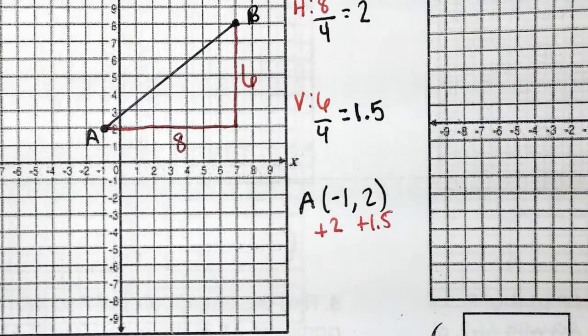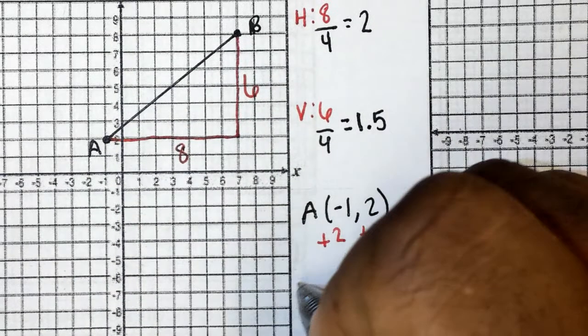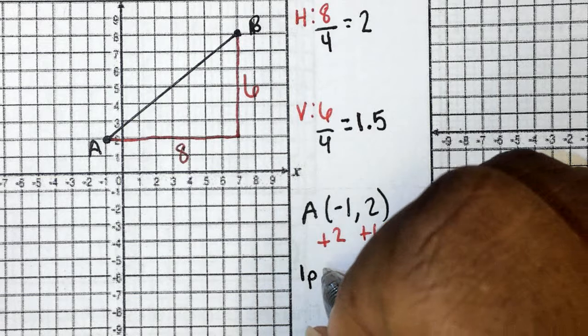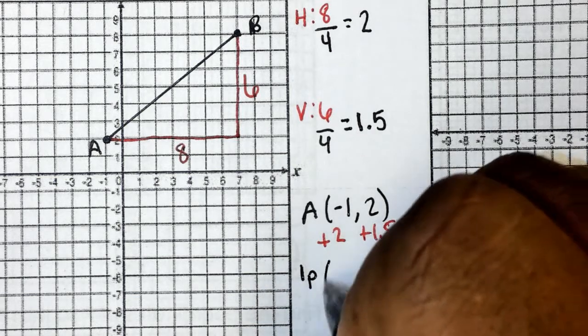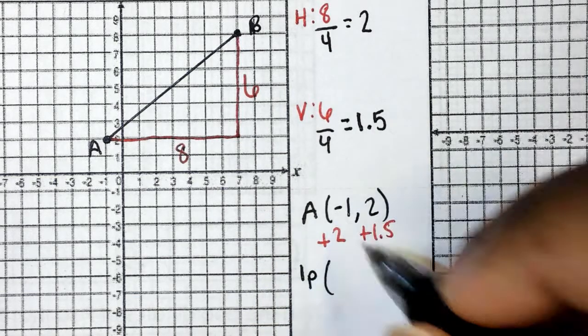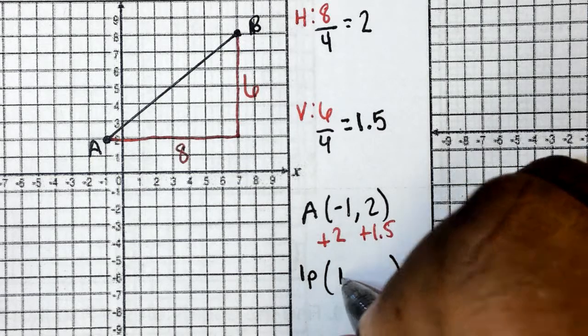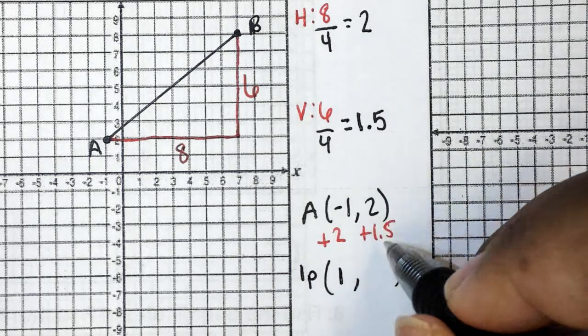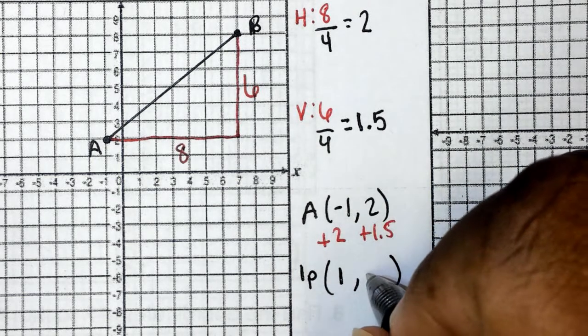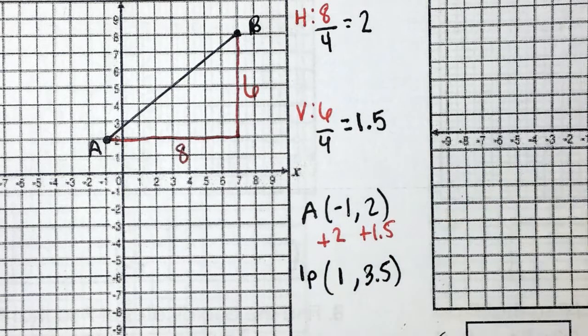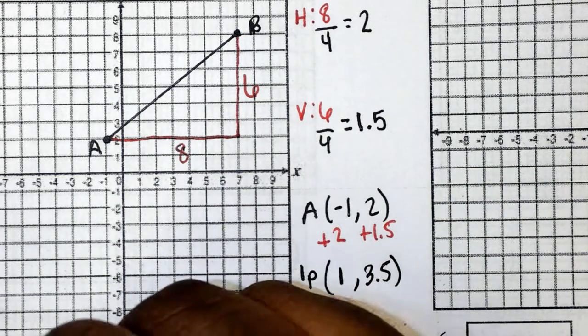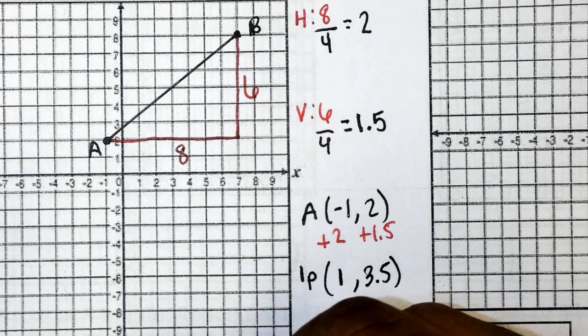I'm gonna do that math on that point and get my first partition. I only gotta go to the first partition because once again the split is 1 to 3. So -1 plus 2 is 1, and then 2 plus 1.5, 3.5.